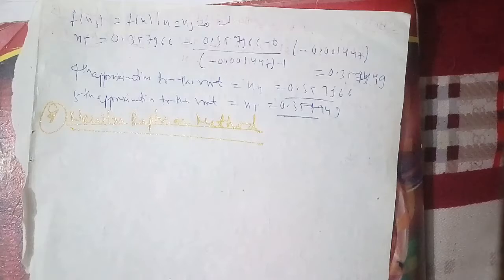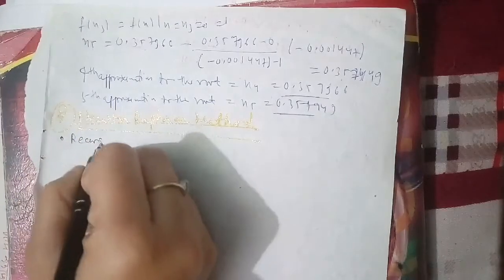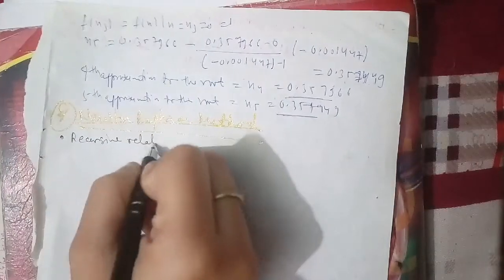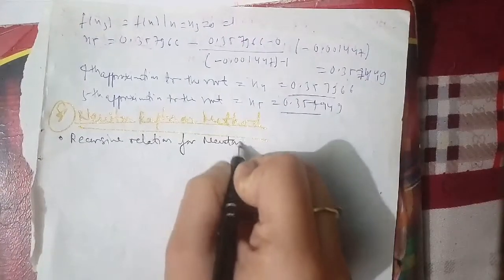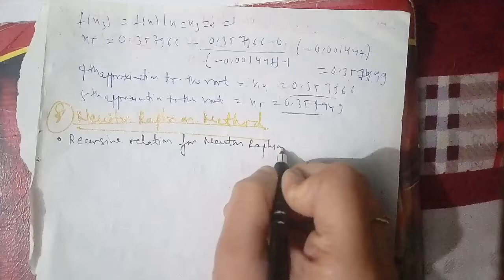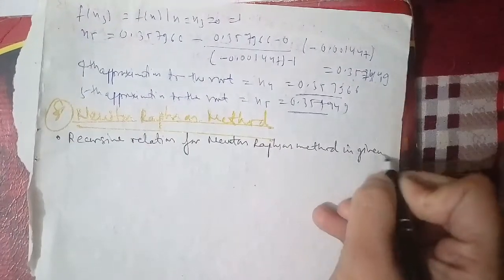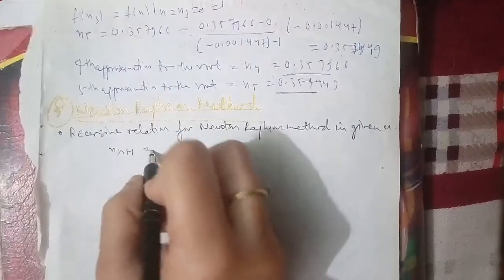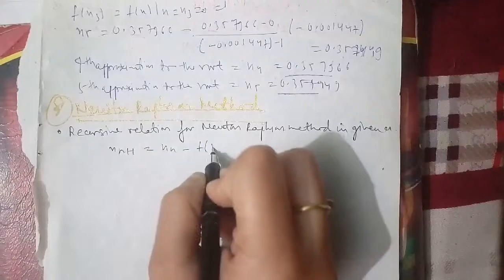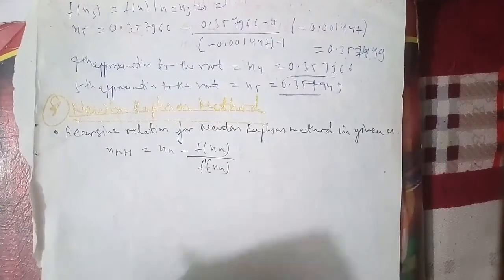First, the recursive relation for the Newton-Raphson method is given as x(n+1) equals xn minus f(xn) upon f dash (xn).